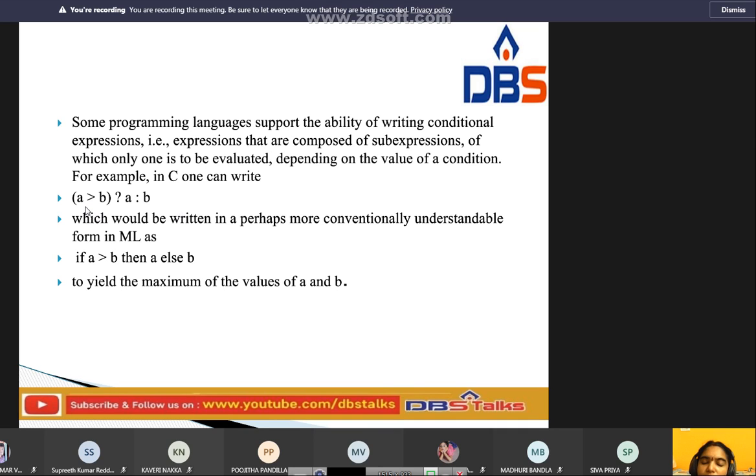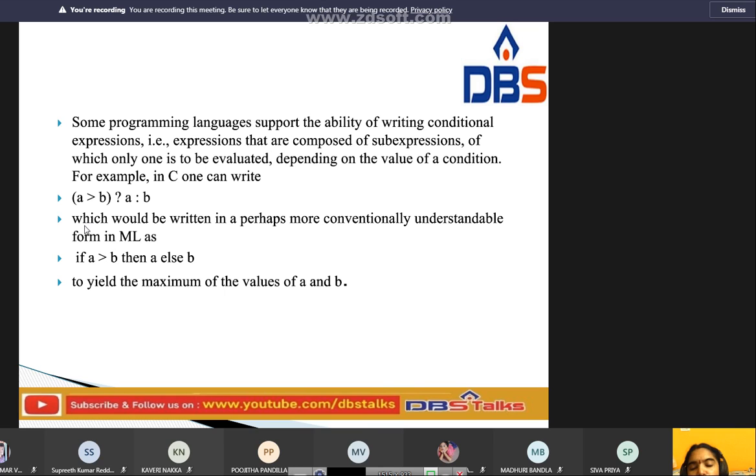First you evaluate A greater than B inside the parentheses, 3 greater than 4: the condition is false. That's why we take the B value, so the result is B equal to 4. This finds which value is the greater of the two variables.